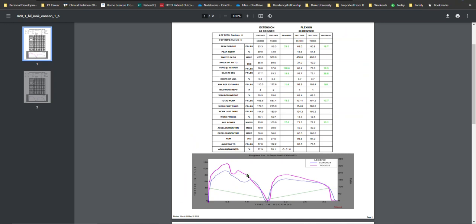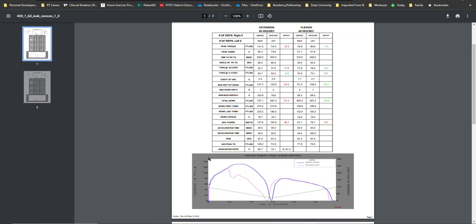Here is an instance where it's actually a progress report. We're looking at the individual's involved limb, which is his left. His uninvolved limb has a full curve here.